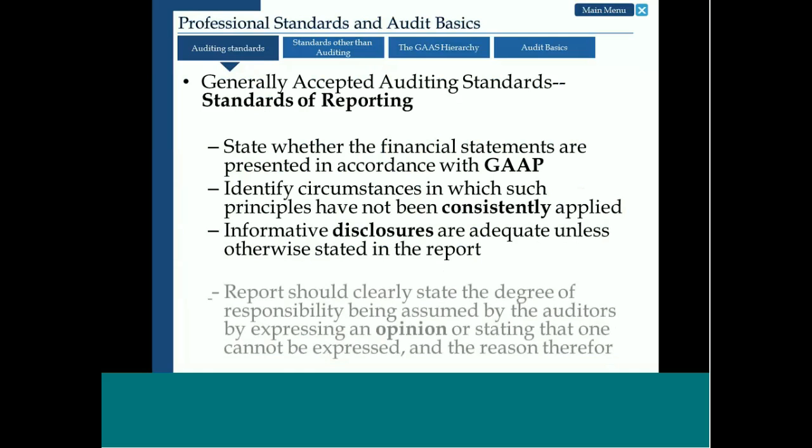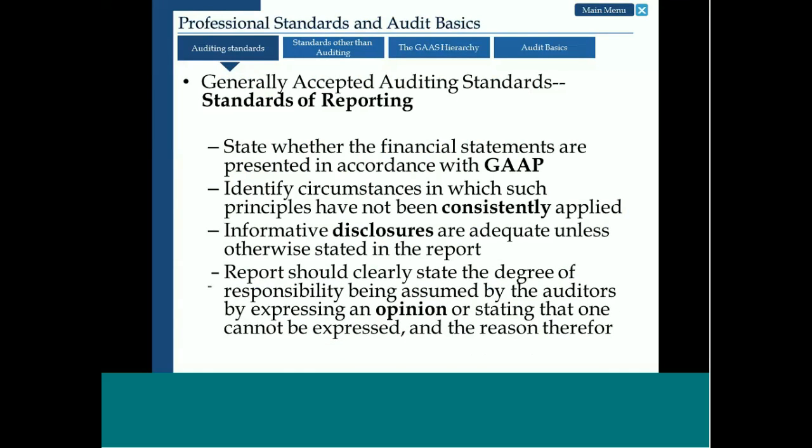And last, whatever evidence I have got and whatever understanding I got through my auditing, I need to form an audit opinion. There are different kinds of opinion available, but we'll see them in later slides. So this is what I call GCDO, meaning you need to follow GAAP, the principles have to be followed consistently, proper disclosures have to be made, and last you need to give an opinion.